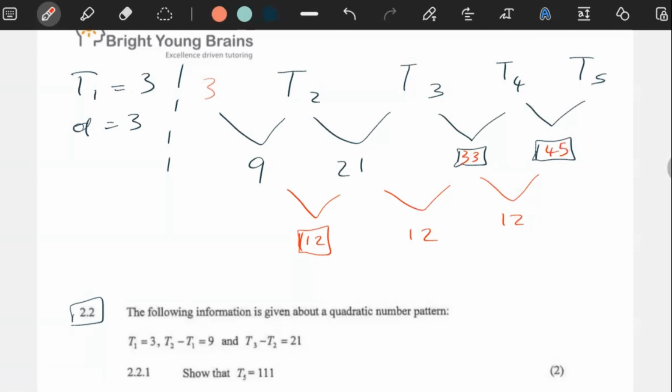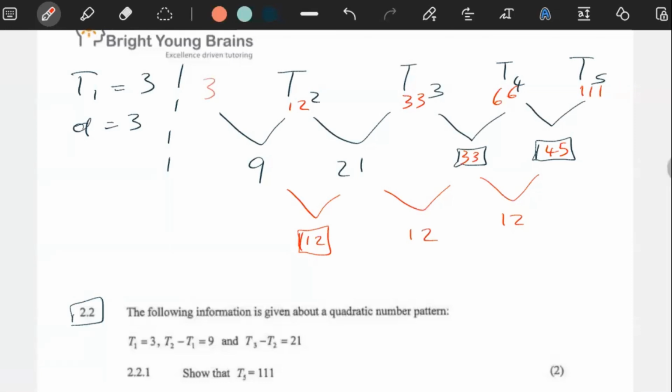There you go. So fortunately, you can always then just work backwards here, because 3 plus the 9 gives you this number, which is 12. 12 plus the 21 gives you 33. 33 plus 33 here gives you 66. 66 plus 45 gives you 111.